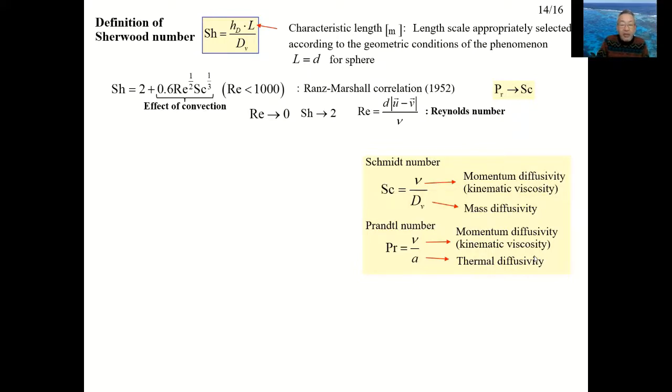Comparing with the definition of the Prandtl number, you will find that both the Schmidt number and the Prandtl number are the ratio of the momentum diffusivity to the diffusivity of another physical quantity. In the Prandtl number, the diffusivity compared with the momentum diffusivity is the thermal diffusivity, and in the Schmidt number, it is the mass diffusivity.